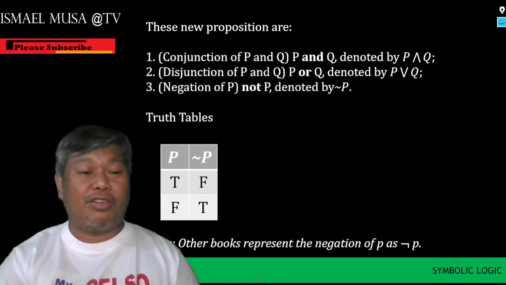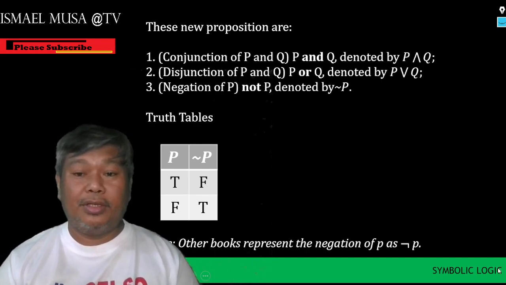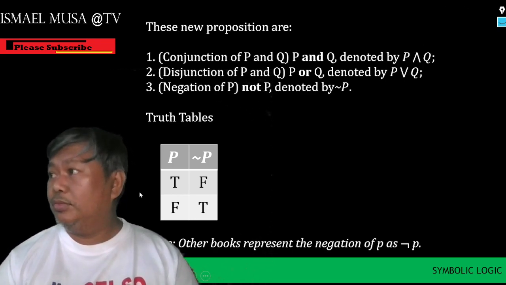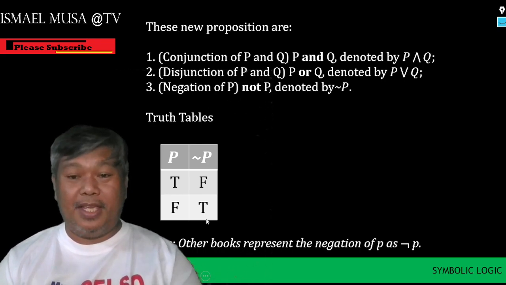Therefore, the negation is the opposite. As you notice, when the truth value of P is true, its negation is false. When the truth value of P is false, its negation is true. Do you get me?